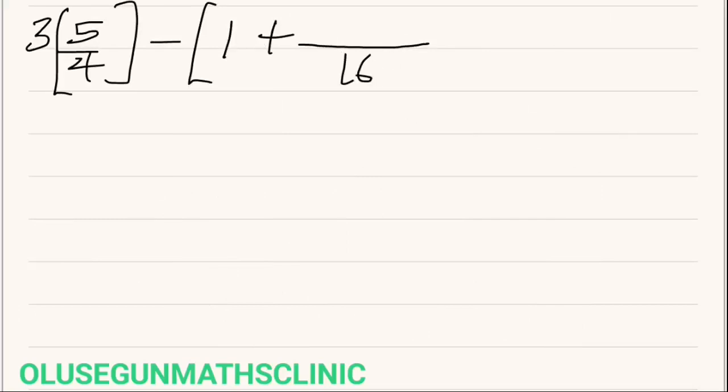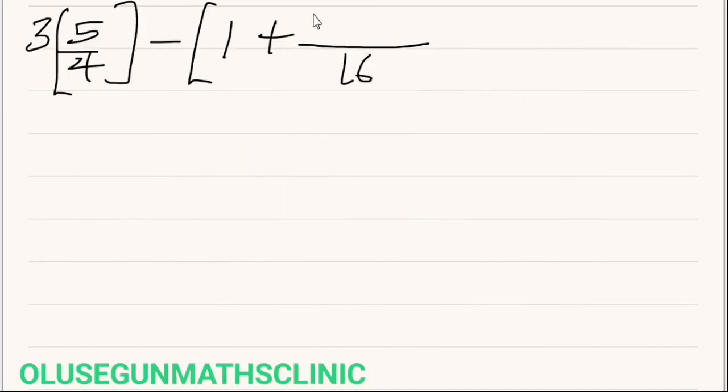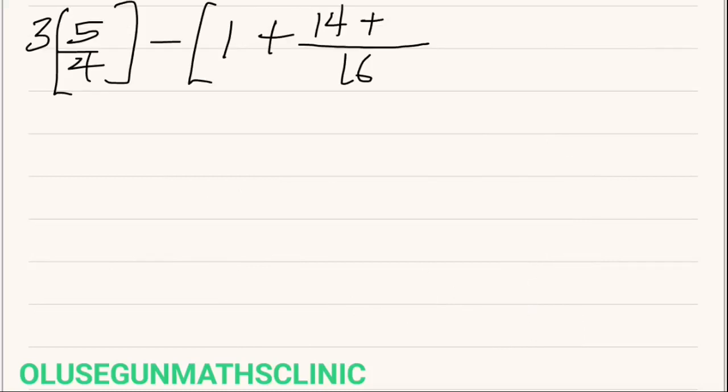So this is what I'm going to, I want to use the value of the lowest common multiple between 8 and 16. So therefore, we now have 8 in 16 is 2. So 2 times 7 gives us 14. We have 14 plus, now this is 16 in 16, we have 1. So 1 times 3 gives us 3.